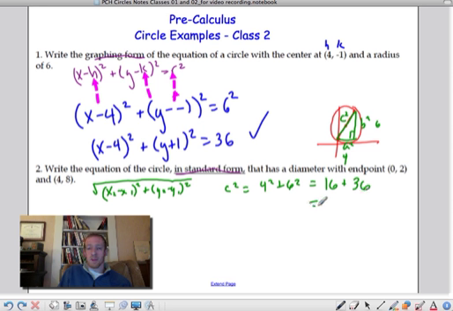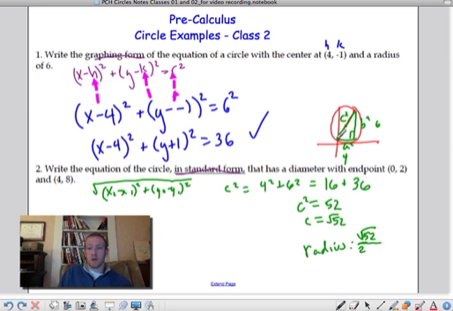So then that is going to equal 52. That's c squared, so c equals root 52. And then our radius is half of that. So since that's the diameter, we want half of this. Our radius is 1/2 of root 52.